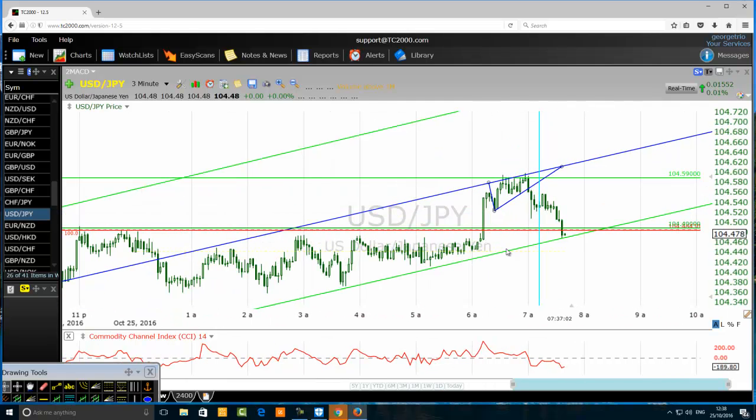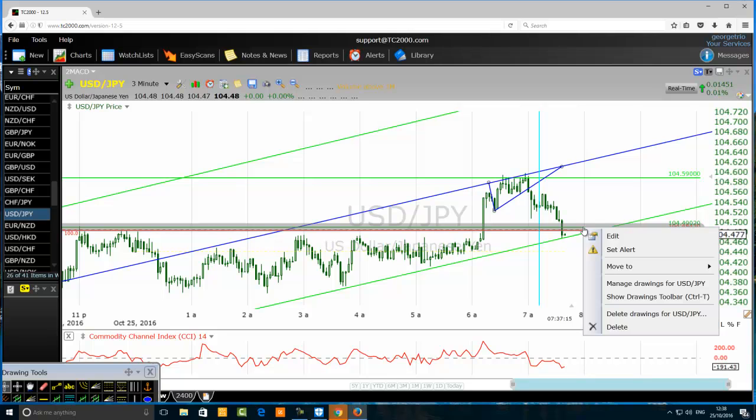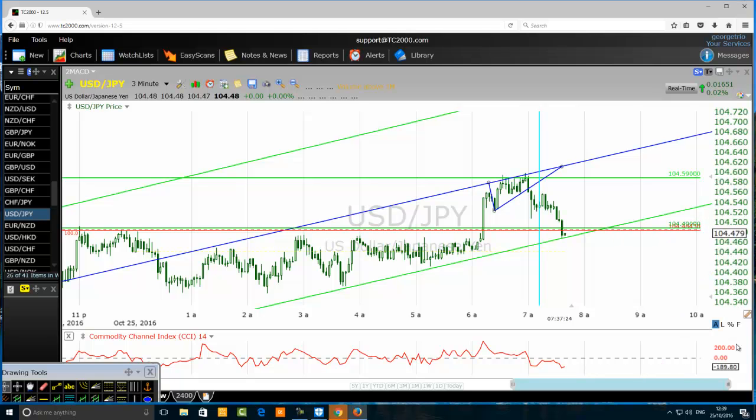I will reset my limit order one more time at the same level, 104.49, to buy again the same currency pair. Originally I was thinking to use for my stop loss not more than 20 pips, but I split into using 10 pips first.